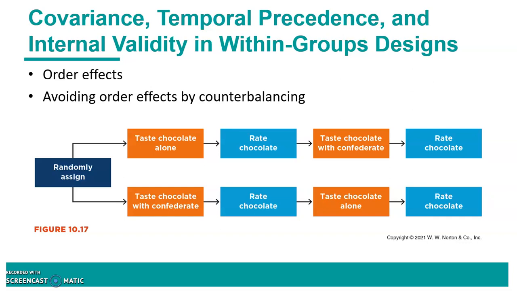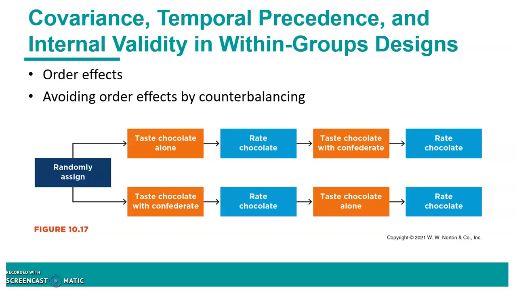Then there would be a confound there, because if there are higher ratings for the first condition in which they were tasting chocolate with a confederate, that could also just be due to that being the first time they got chocolate that day, and the first bite of chocolate always tastes best, right? You have kind of a diminishing returns as you eat more chocolate.